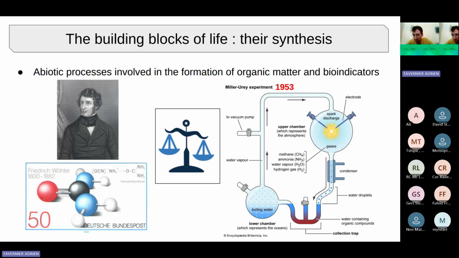This is a very simple experiment which simulates the primordial atmosphere of Earth. Here the hypothesis was methane, ammonia, water vapor, and hydrogen gas. So very different from the atmosphere we have now, where the two main compounds are oxygen and nitrogen. They put a source of energy, here electrodes, to simulate electric arcs.